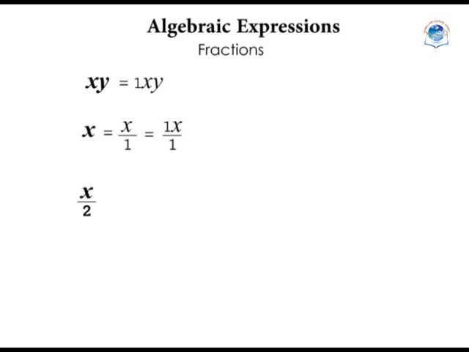And so if you have x over 2, it means 1x over 2. And you can separate the coefficient and the variable so that you have 1 over 2 times x. X over 4 also means 1 over 4 times x. 2x over 3 means 2 over 3 times x.